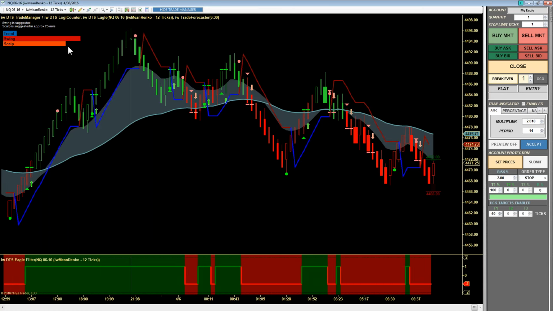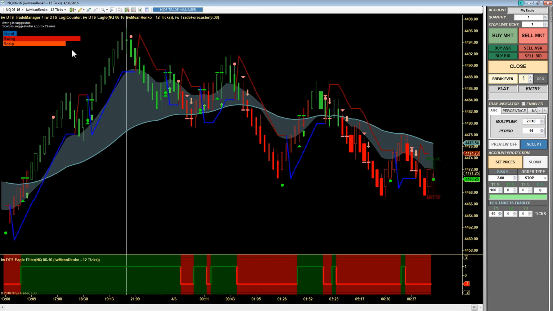This tool you see up here in the corner, this is the Trade Forecaster. This is again one of these system add-ons, and the Trade Forecaster tells us what the current market condition is most likely to be and what the next one is most likely to be.